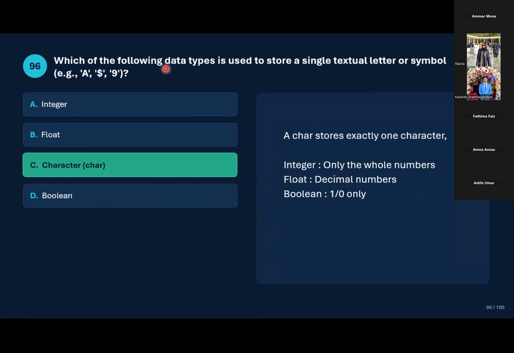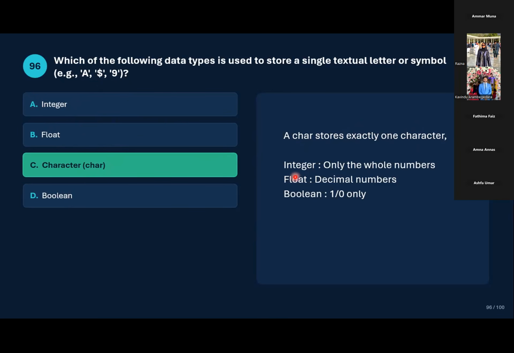The next question is, which of the following data types is used to store a single textual letter or symbol? They have given some examples like capital A, a dollar mark, and the number 9. The data types given are integer, float, char, and boolean. The char is the data type which stores exactly one character.